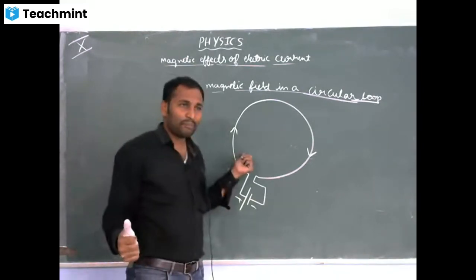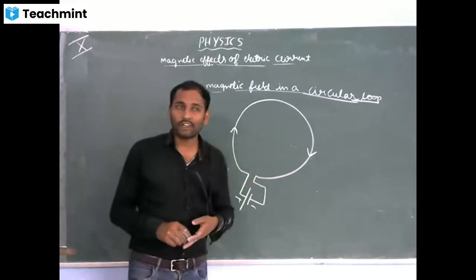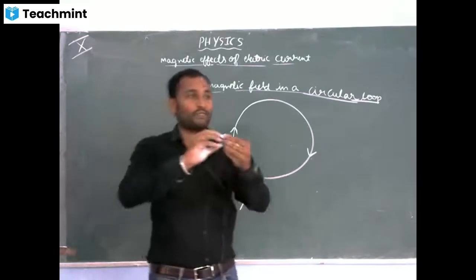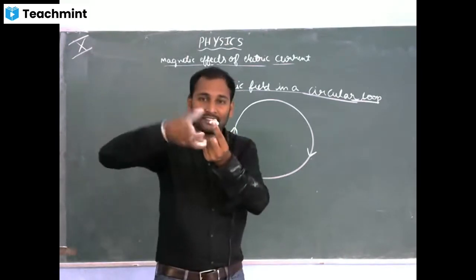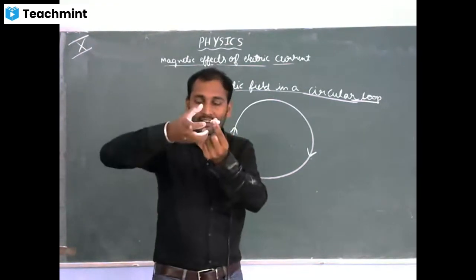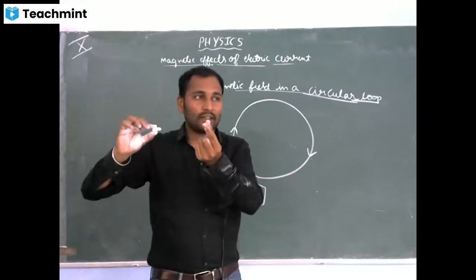He gave one more law, Maxwell's corkscrew rule. You know how a screw is screwed. If you rotate like this, the screw will move in. If you rotate in the opposite direction, the screw will move out, right?